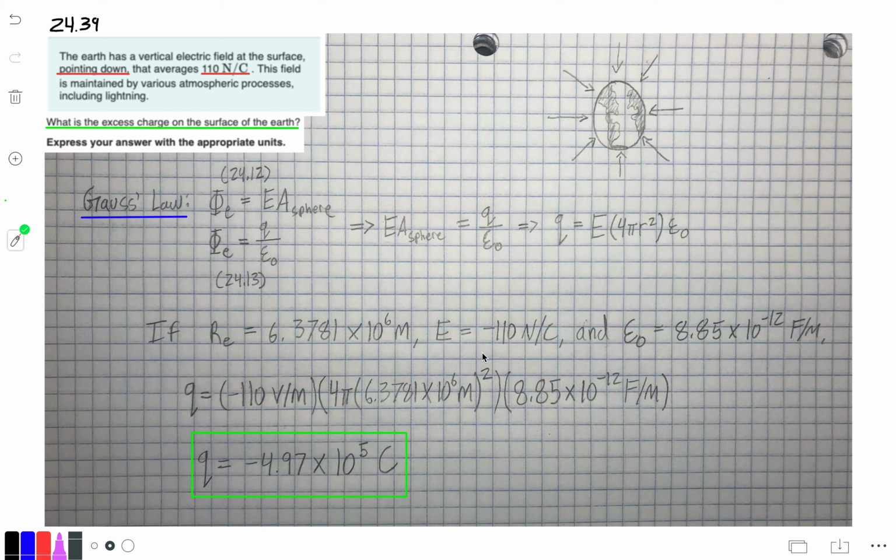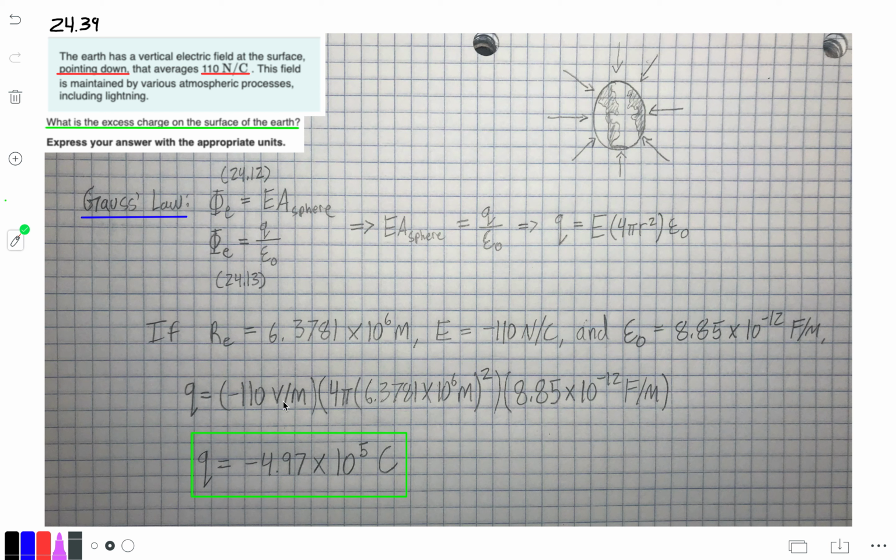There is a 1-to-1 ratio between newtons per coulomb and volts per meter, so we can do this without any conversion. And then we can go ahead and plug into our equation that we had here, using our radius of the Earth and our permittivity of free space.